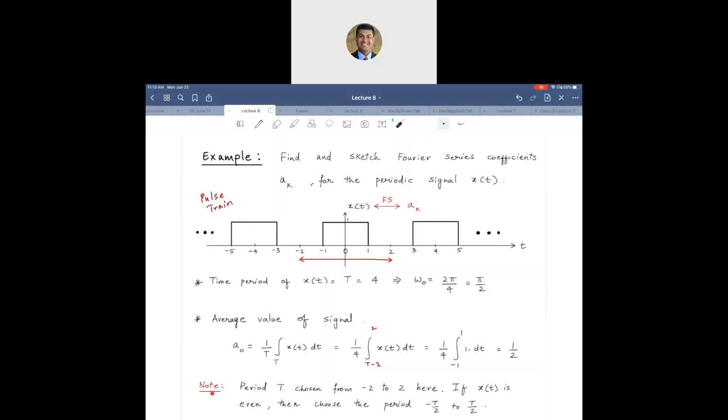Recommendation here: when the periodic signal itself has even symmetry, choose the time period such that it goes from -2 to 2, or negative T over 2 to T over 2, in a very symmetric fashion. That will help you work out the math in a much easier manner.